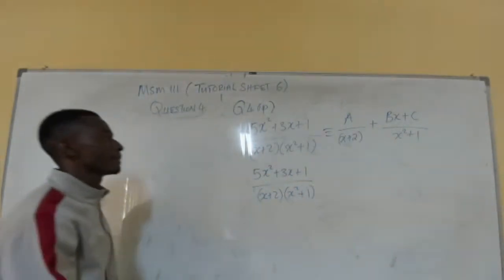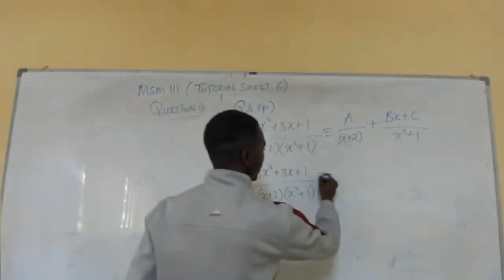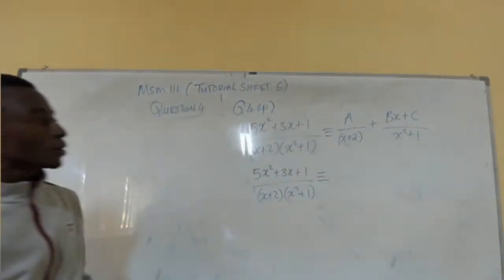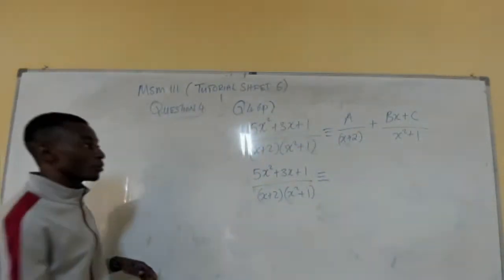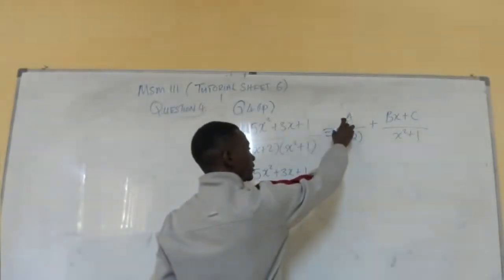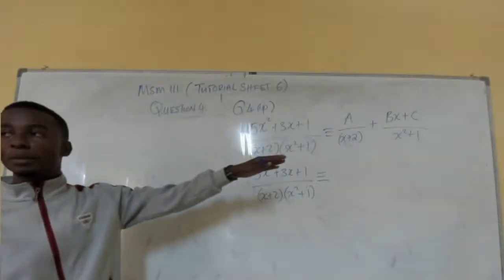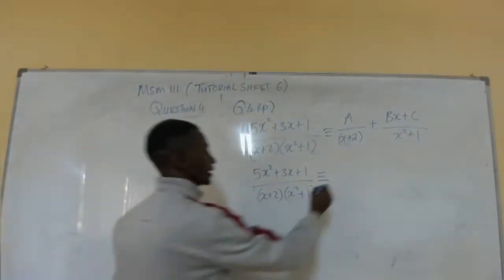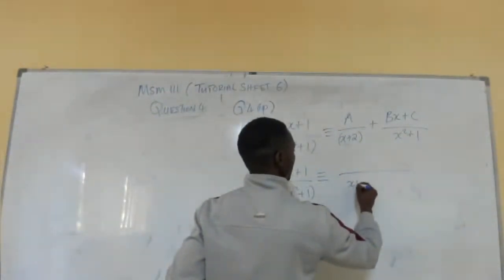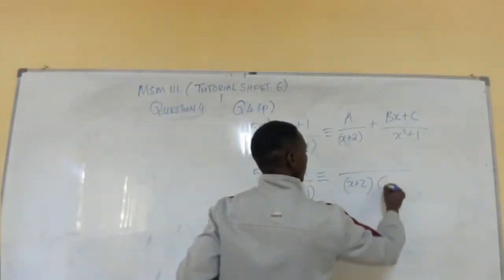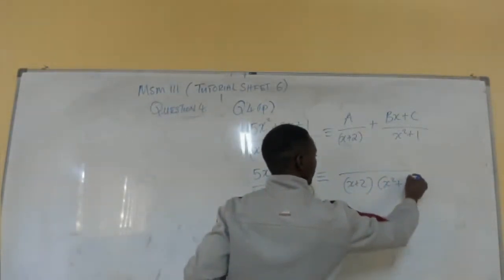So now, what is your common denominator? For you to find the values of a, b, and c, you find the common denominator there, which is x plus 2 times x squared plus 1.